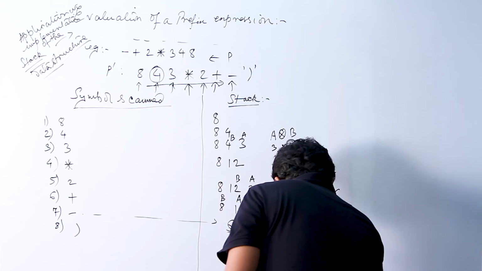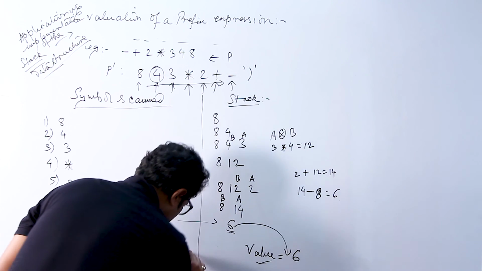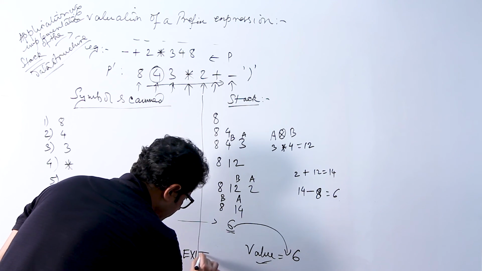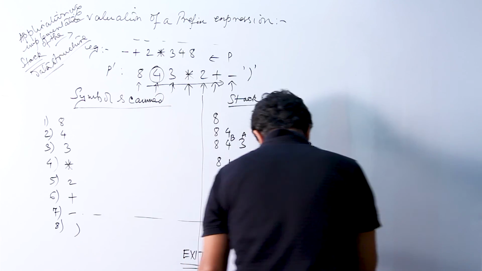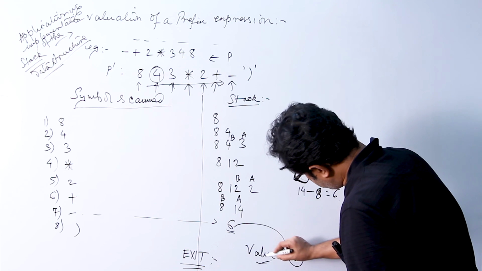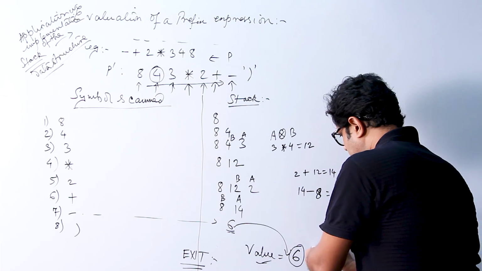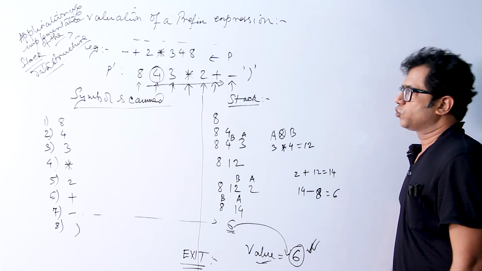This value will contain 6 now, and the stack becomes empty. We will exit from the algorithm in this step, and our work is done, and whatever is the value of the variable value, that is 6 in this case, is going to be the answer to our problem.